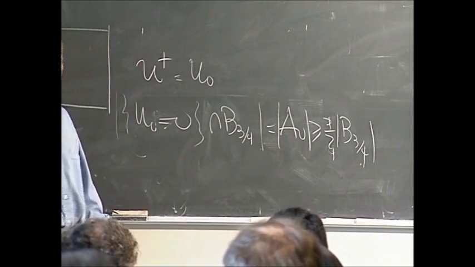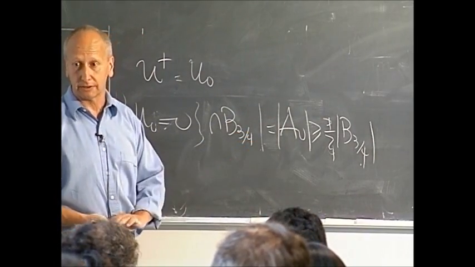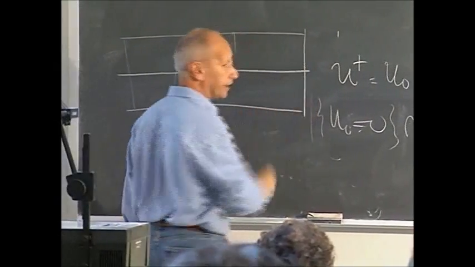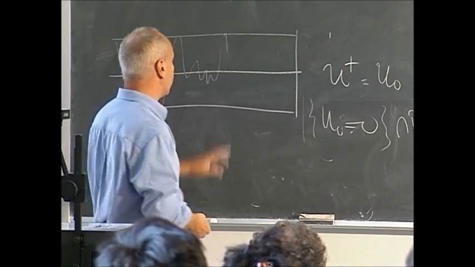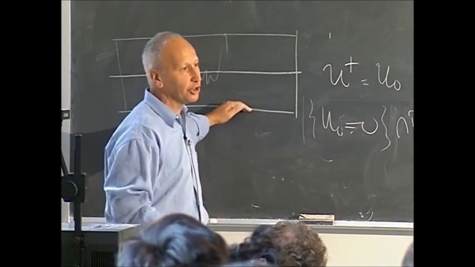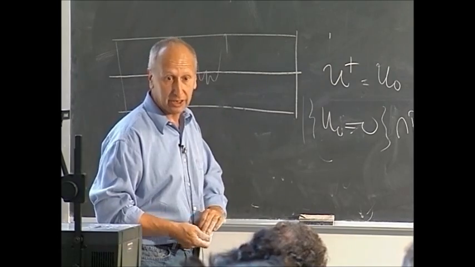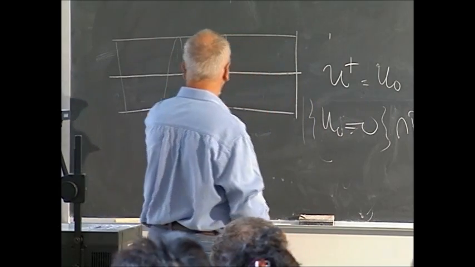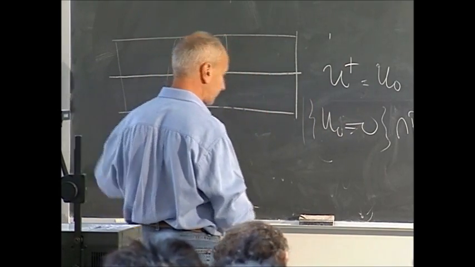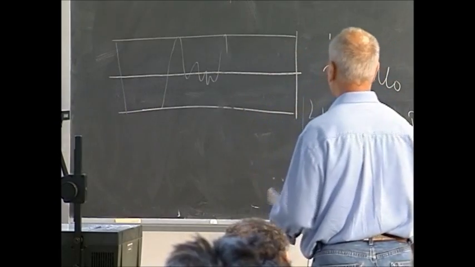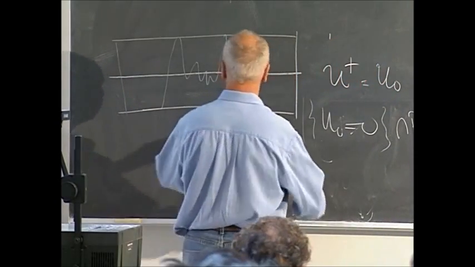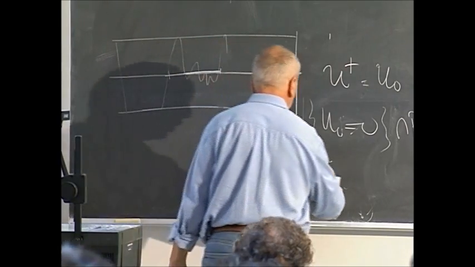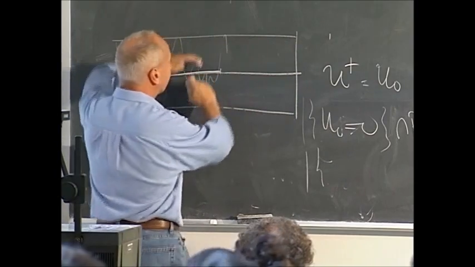Okay, so this is my starting hypothesis. If I am above the threshold, I'm done. If not, I cut at half the way, and so here instead of 0 to 1, I'm between 0 and 1/2, but it's the same as before. So I look at the set where U0, so I cut at half and renormalize.